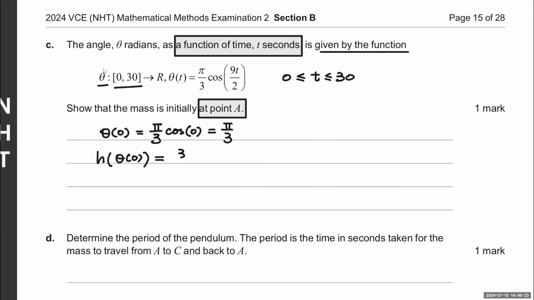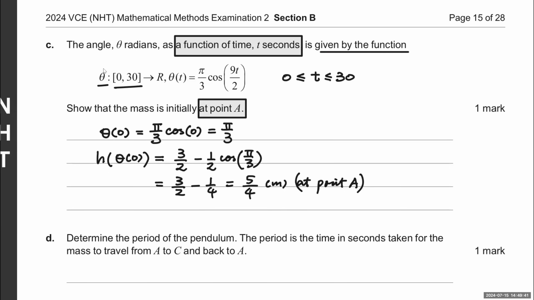That will give me 3 on 2 minus half cosine of pi over 3. And that gives me 3 on 2 minus a quarter, which is 5 over 4 meters at point A. Okay. So I suppose that's the intention of the question.